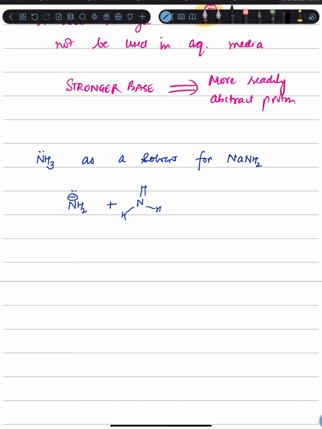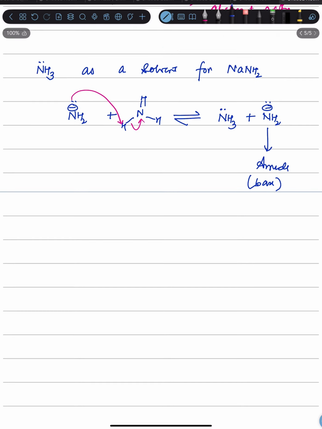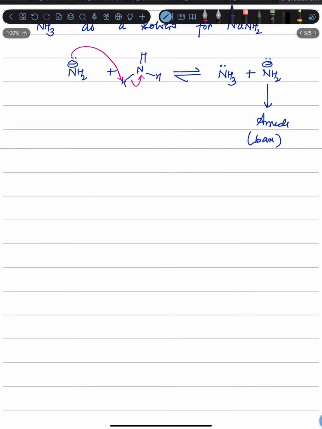This will abstract the proton from ammonia, so what you will be getting is NH3 plus NH2 negative. Again you have the amide ions available which can act as a base in the reaction. That is why we always use sodamide in ammonia as a solvent.